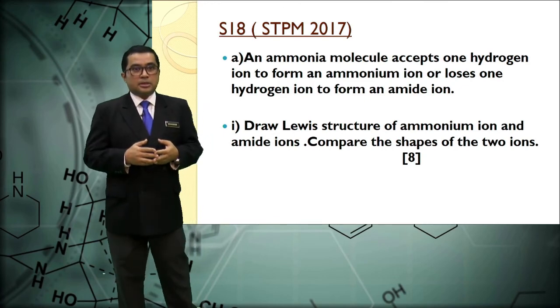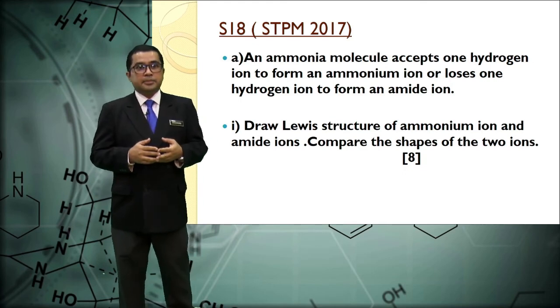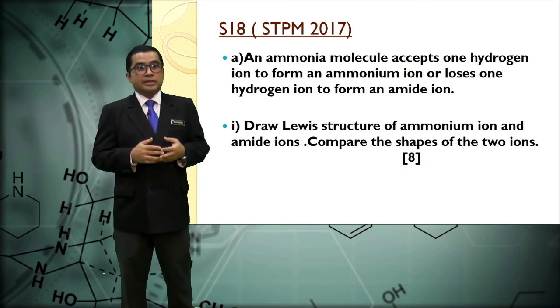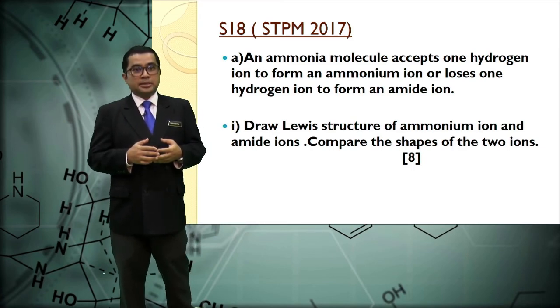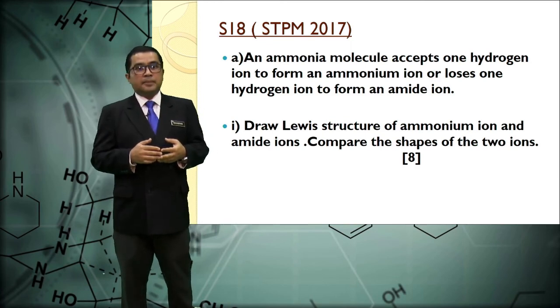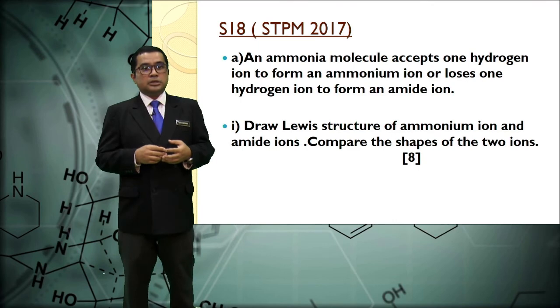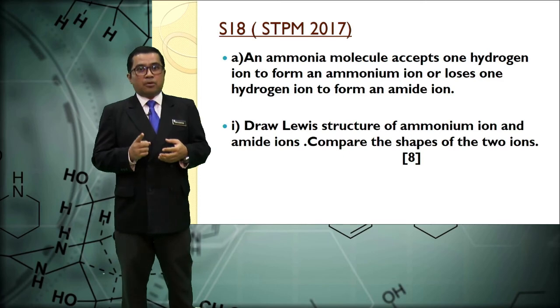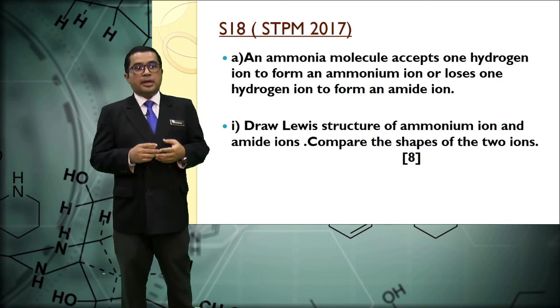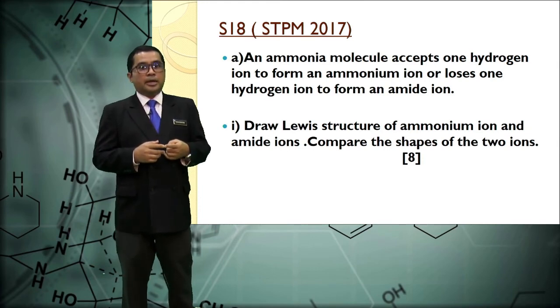The next question is question 18 from STPM 2017. For the first part, the question is: an ammonia molecule accepts 1 hydrogen ion to form an ammonium ion, or loses 1 hydrogen ion to form an amide ion.